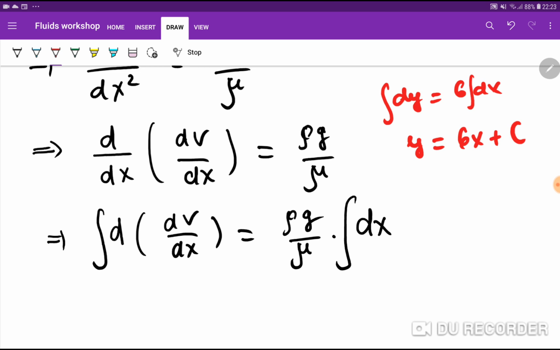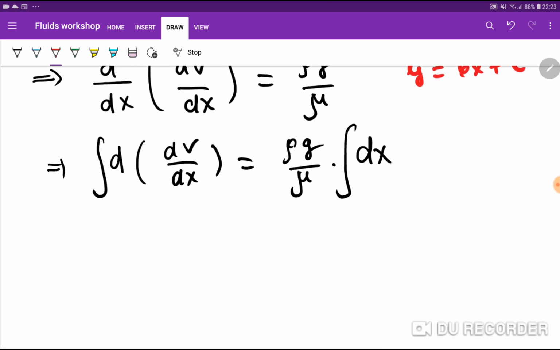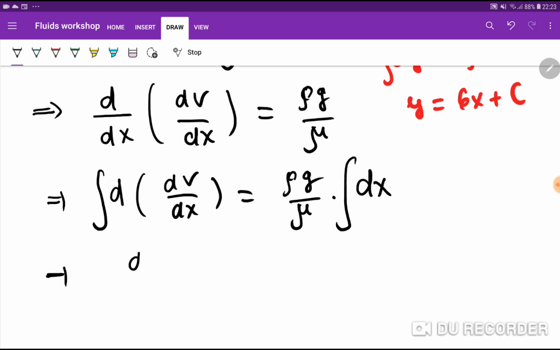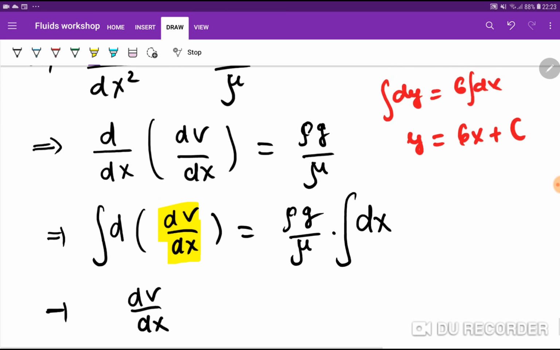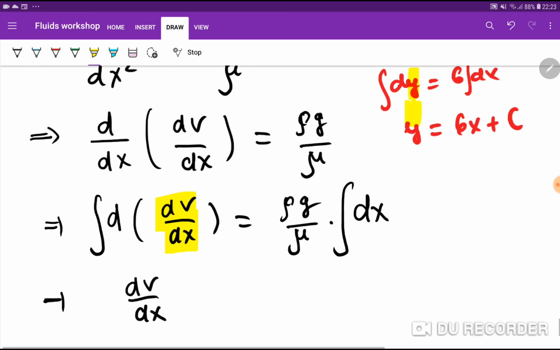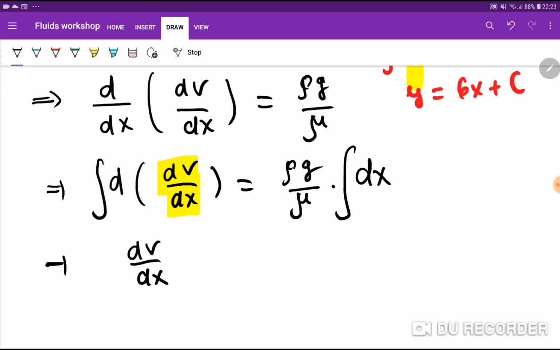Using the same principle, the integral of d of dv/dx gives dv/dx, and here you get rho chi over mu times x plus c1. Don't forget your constant when you integrate.